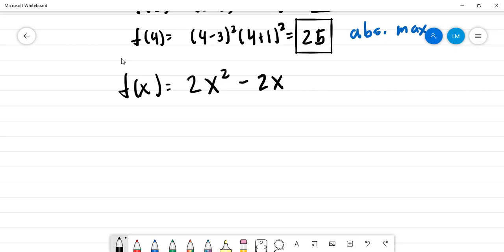And let's say that the bounded interval is from, let's say, 1 to 4.